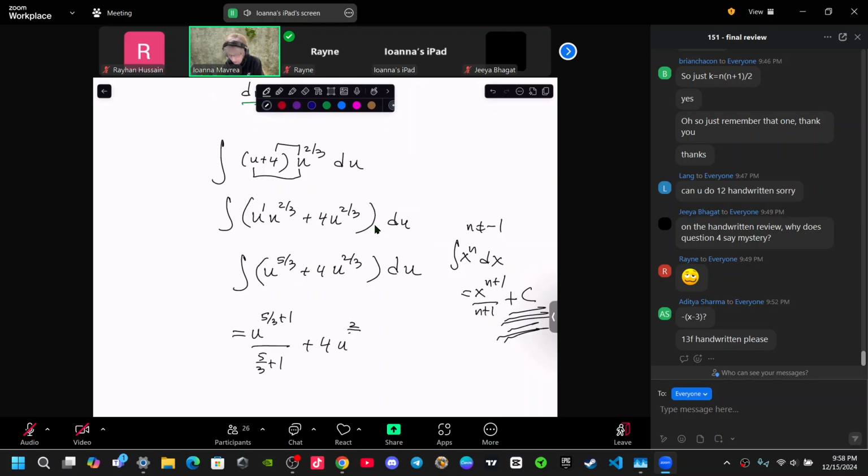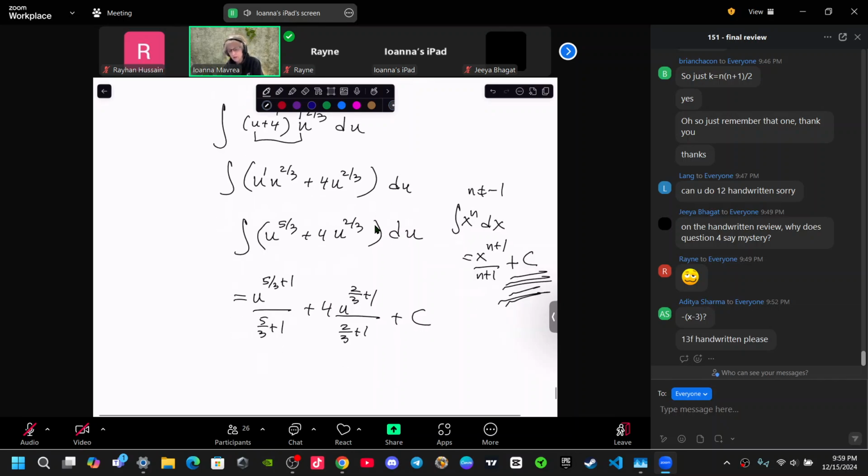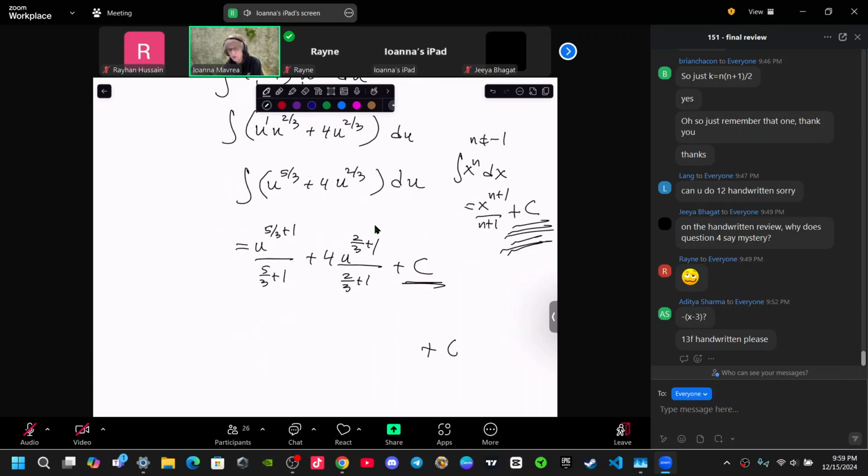U to the 2/3 plus 1 over 2/3 plus 1 plus c. Even if you write the c here, if you forget it here, you lost points. Don't want to do that. When the integral disappears, a plus c should show up, unless it's a definite integral.